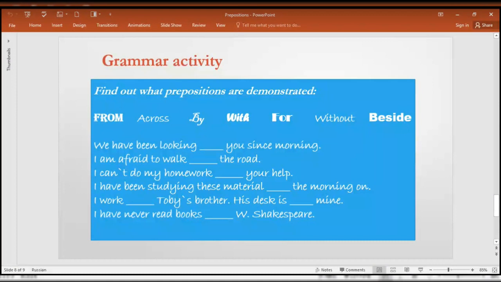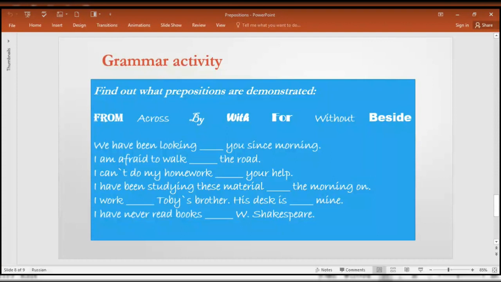The first one is for: we have been looking for you since morning. The second one: I'm afraid to walk across the road. The third one is without: I can't do my homework without your help. The fourth one is from: I have been studying these materials from the morning on. And the fifth one is with and beside.